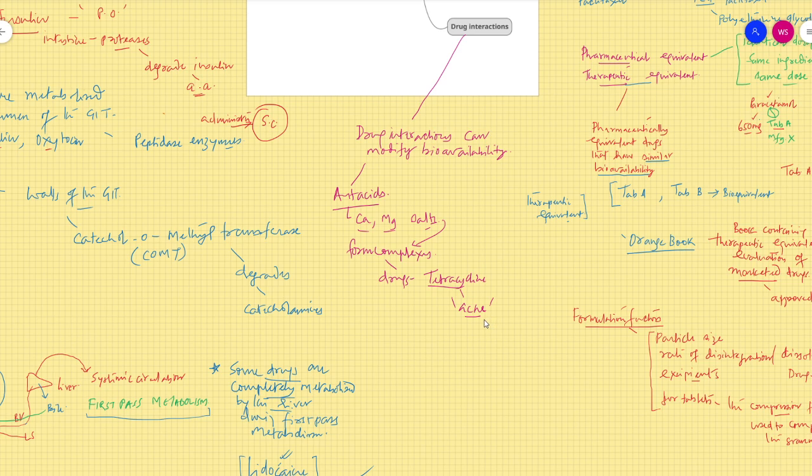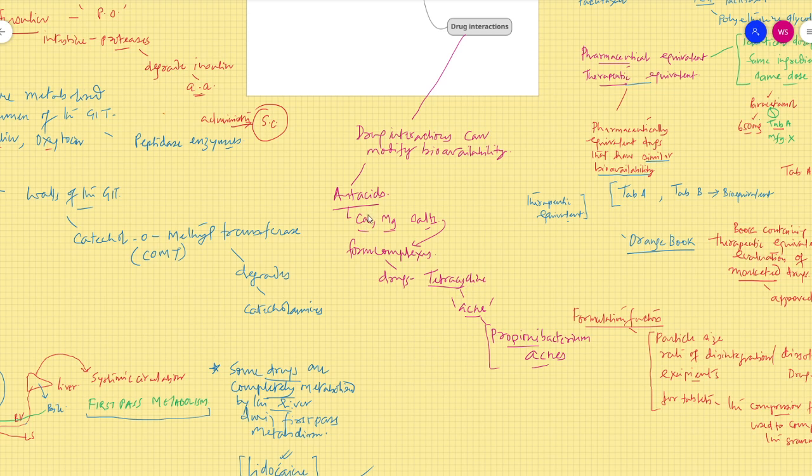The bacteria that is usually implicated in acne. So the idea is you give tetracycline, it enters the systemic supply, and then it kills this bacteria. So that's the reason why you're giving tetracycline.